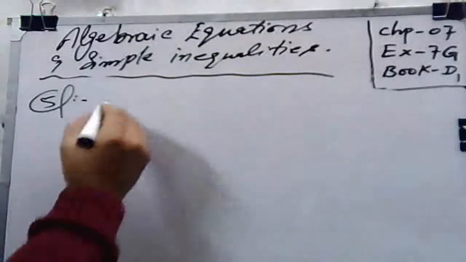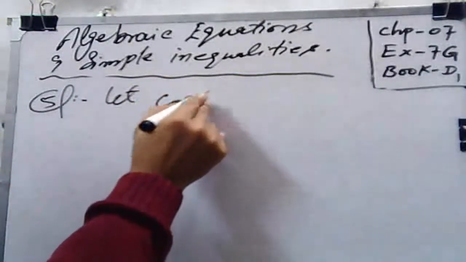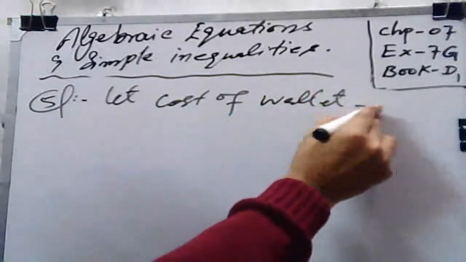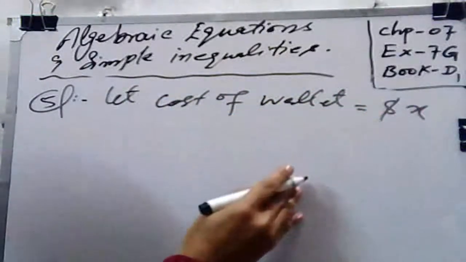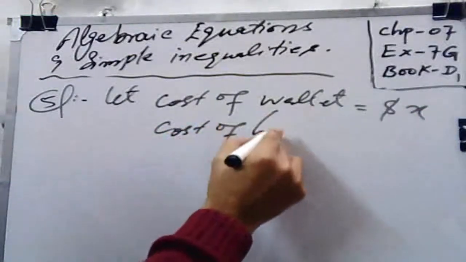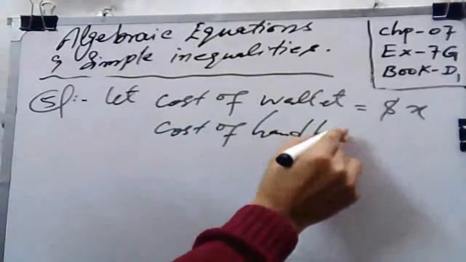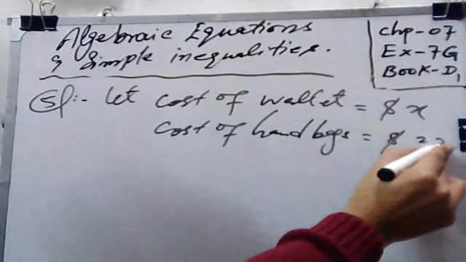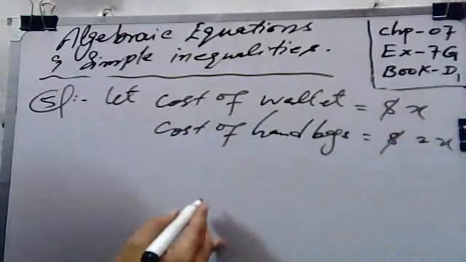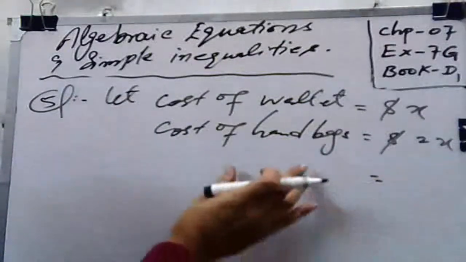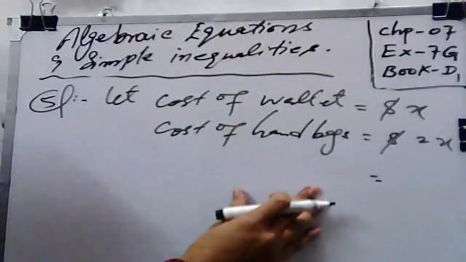Okay, let the cost of a wallet be equal to $x, and the cost of a handbag is equal to twice, that is 2x. It should be noted that the cost of a handbag is twice as much as a wallet.